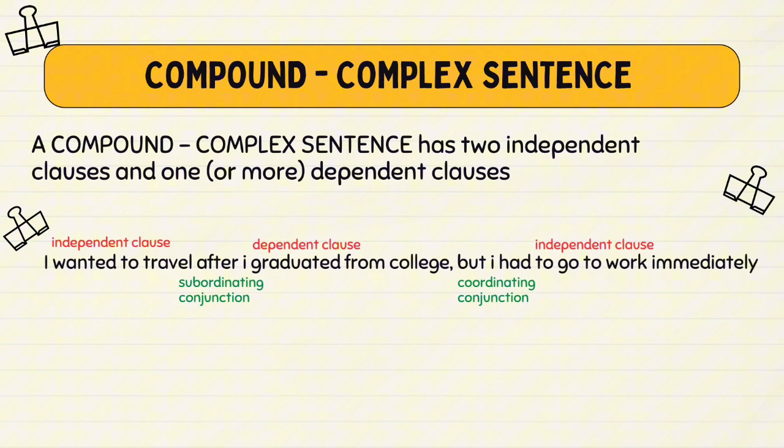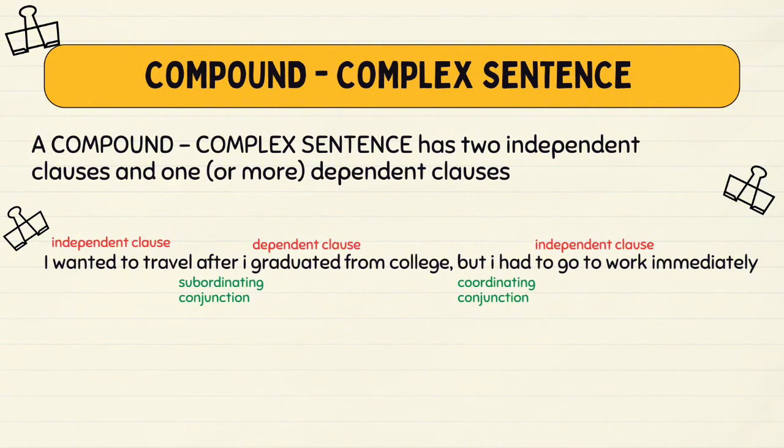The last type of sentence is a compound-complex sentence. A compound-complex sentence has two independent clauses and one or more dependent clauses. For example, I wanted to travel after I graduated from college, but I had to go to work immediately. This sentence consists of three clauses.